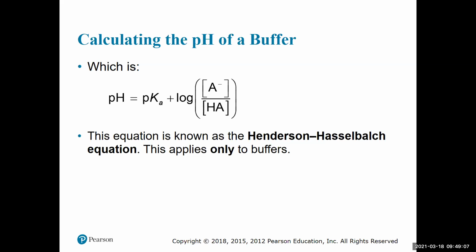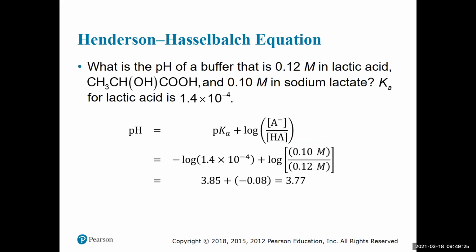It only applies to buffers, so don't use it for anything other than buffers, but it's real useful for buffer stuff. Because when you talk about buffers, one of the things that people are concerned about is, well, how good is the buffer? And we'll talk about that in just a moment here.